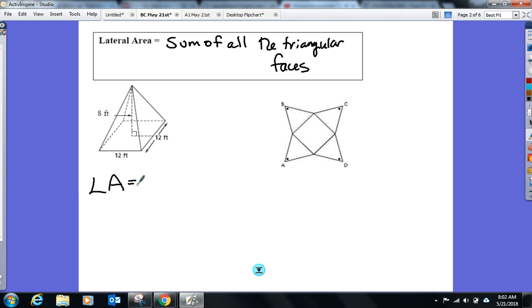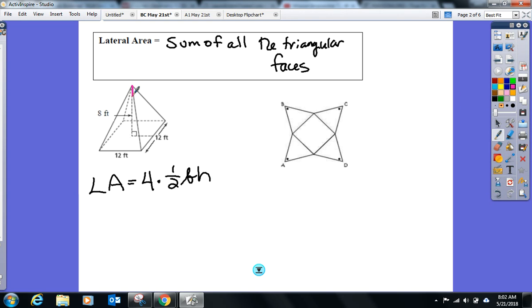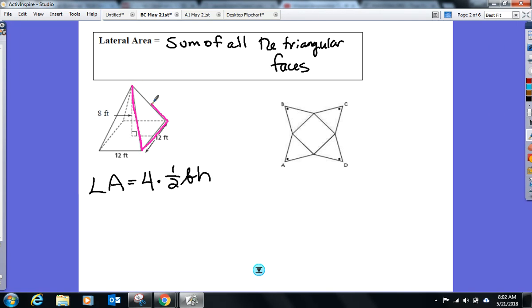How many triangular faces do I have? 4. So I'm going to go 4 times the area of one of them, 1/2 base times height. Everyone seeing where this is coming from? Help me find the area of one of those triangular faces.